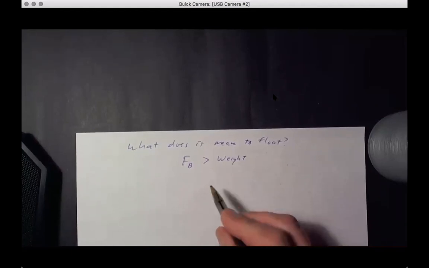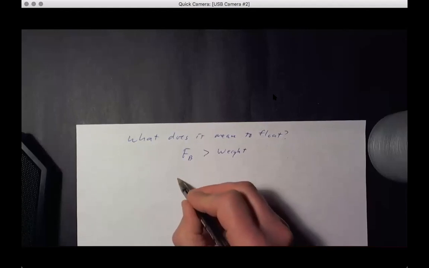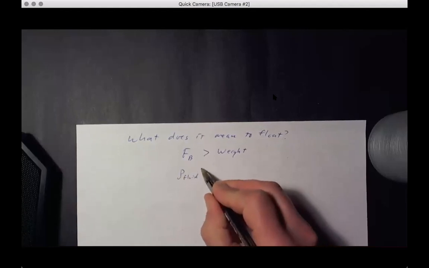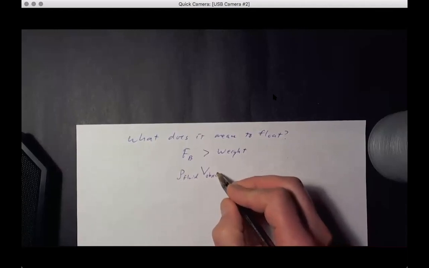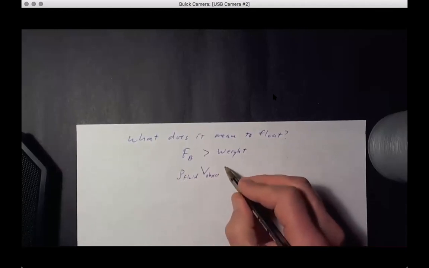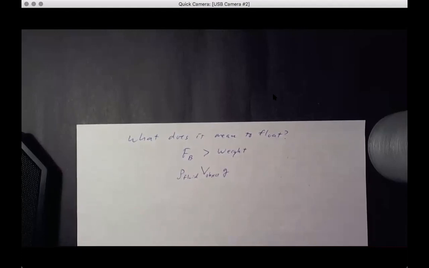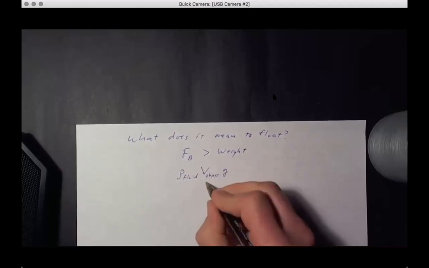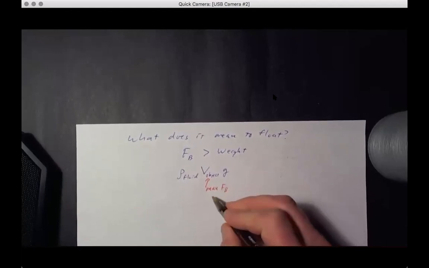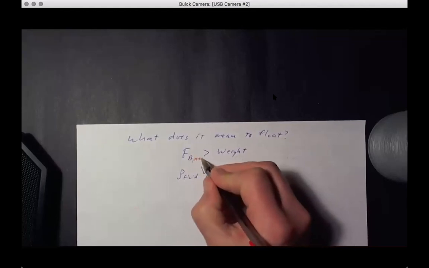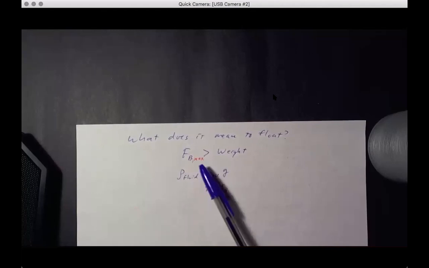And so the force buoyancy, of course, is rho fluid times volume of the object times the G. And this makes it the maximum force buoyancy. Especially the maximum has to be greater than the weight, right?